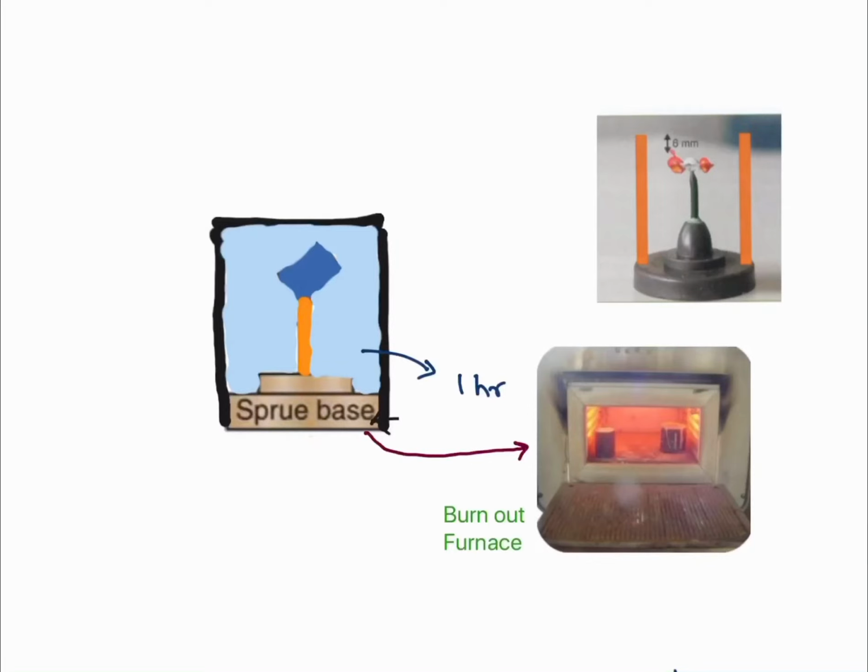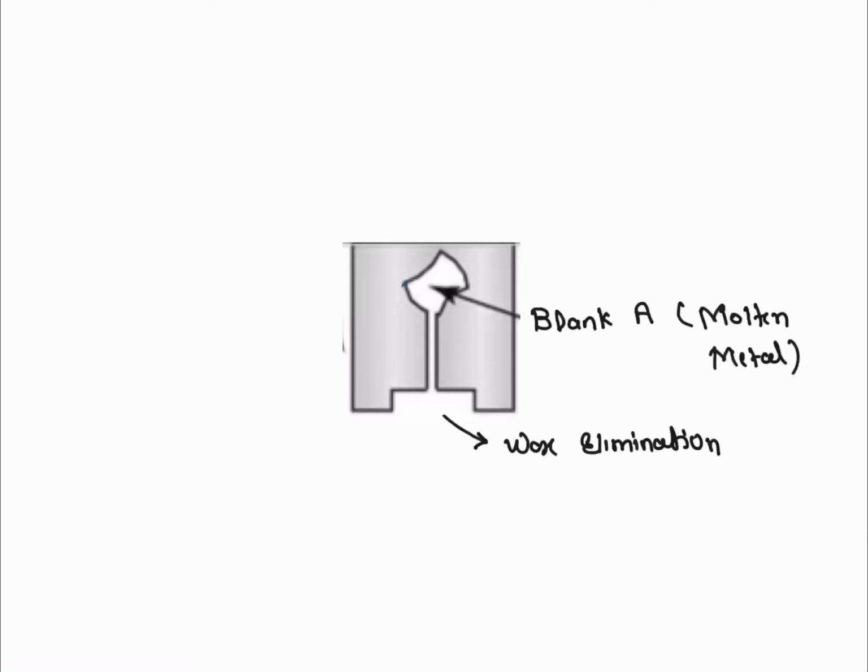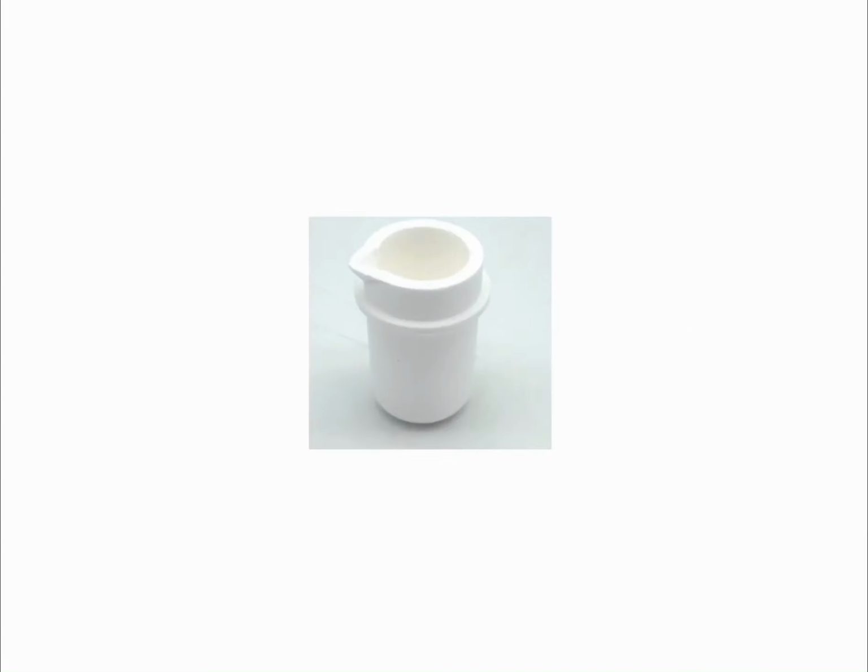After this, we will keep the investment in the burnout furnace. This will eliminate the wax. So there is elimination of whole wax. And you will get a blank area which will be replaced by molten metal.